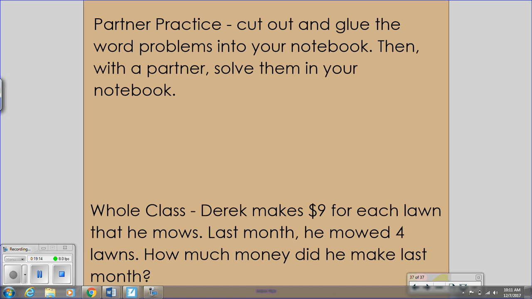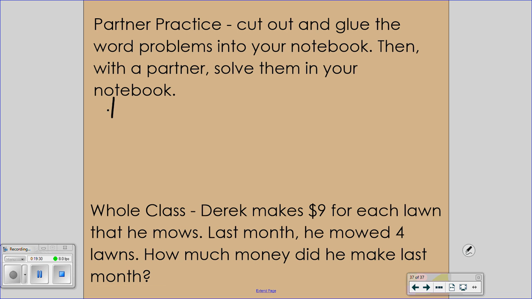If you already have an answer sentence, go ahead and start writing it down. Georgiana, what are you thinking for an answer sentence? Money on the lawn team. He made blank. Now we normally don't say money. We normally say cash. You could say blank cash. Usually, what do we call money though?